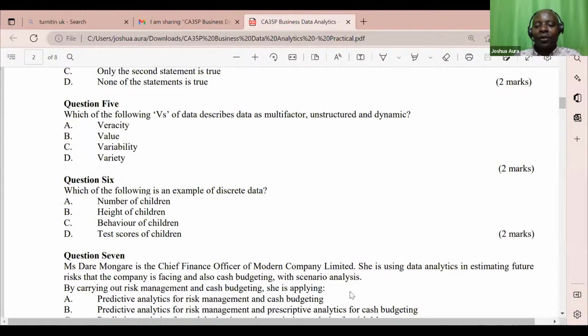Great. And you can see most of them are getting it. Now, you see the students saying, Mwalimu, this paper was too hard.